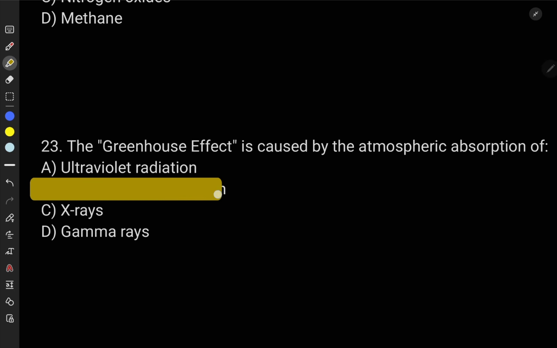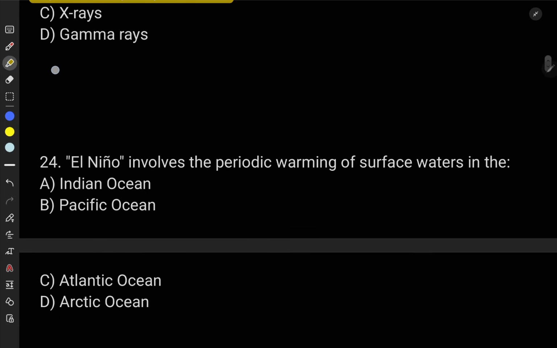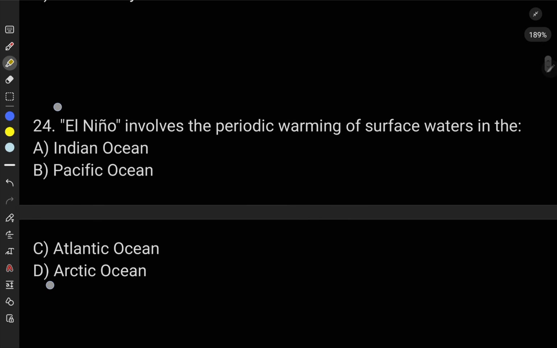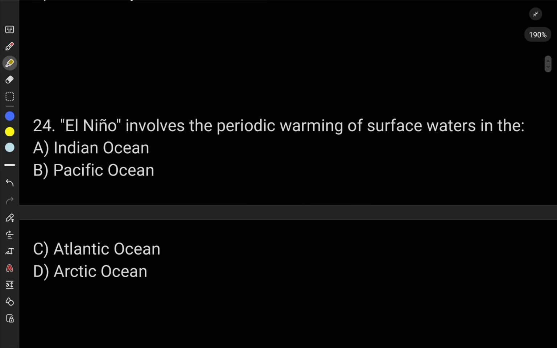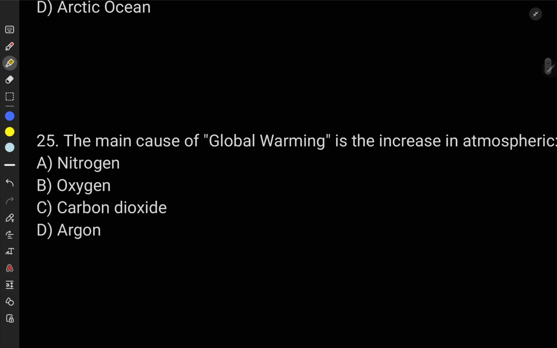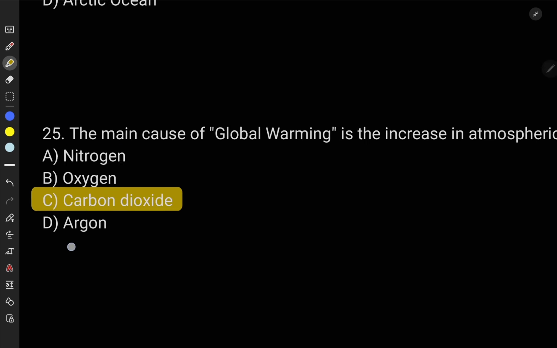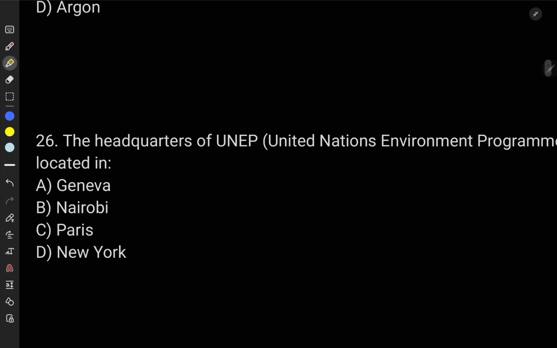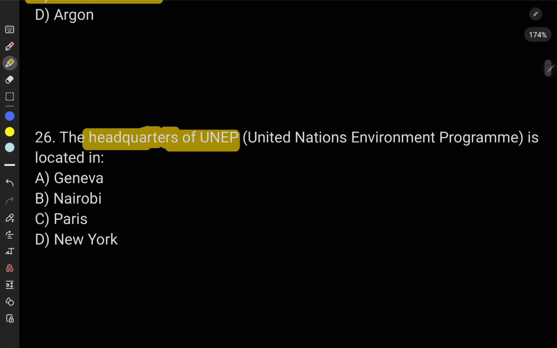El Nino involves the periodic warming of surface water in the Pacific Ocean. The main cause of global warming is the increase in atmospheric carbon dioxide. The headquarters of UNEP, the United Nations Environment Program, is located in Nairobi.